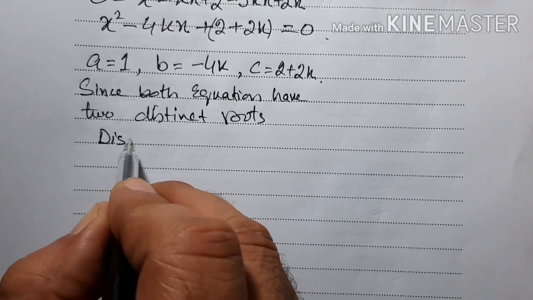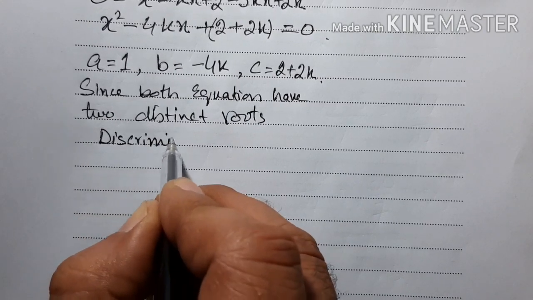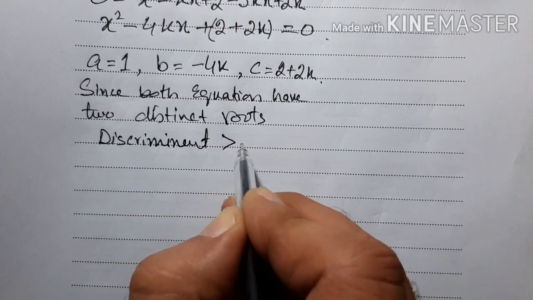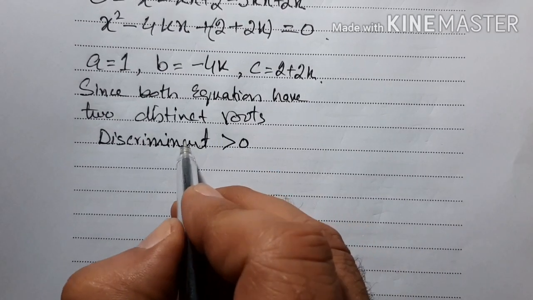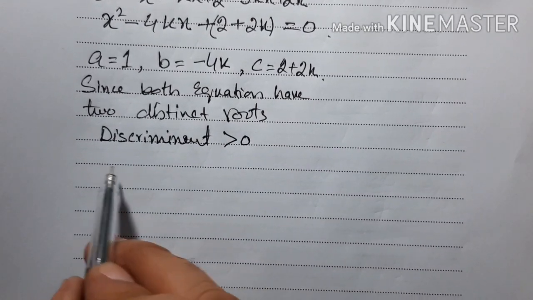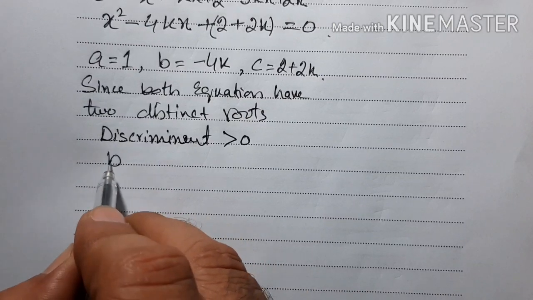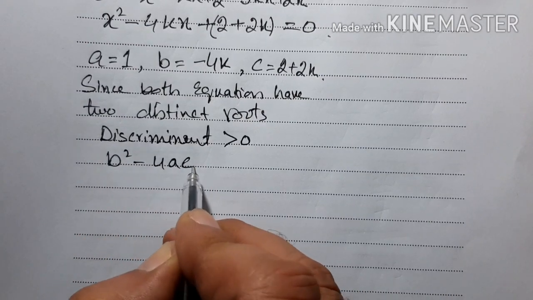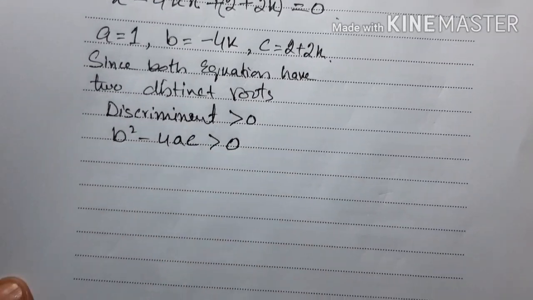Discriminant should be greater than 0. And the discriminant is actually b square minus 4ac is greater than 0.